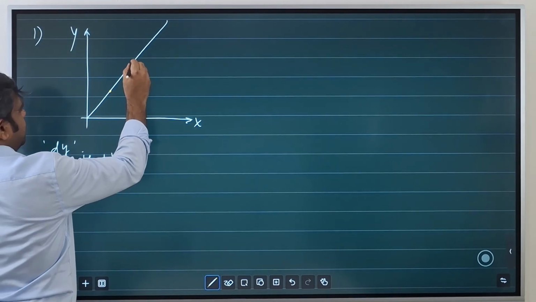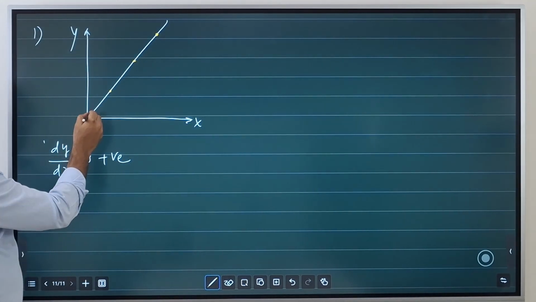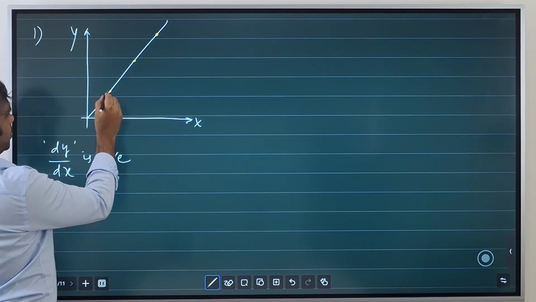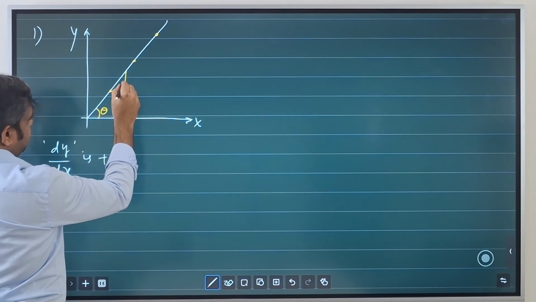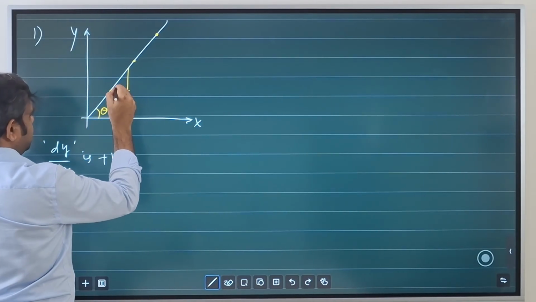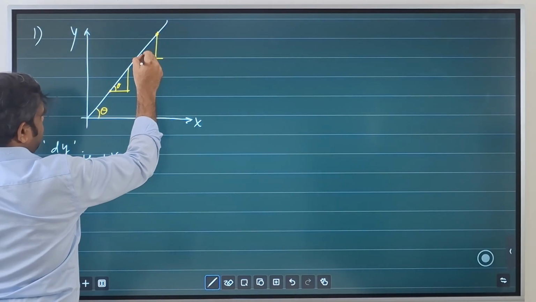Draw a tangent at any point. This is not a curve. It makes the same angle with the x-axis. Draw a right angled triangle anywhere. This angle is the same as this angle.